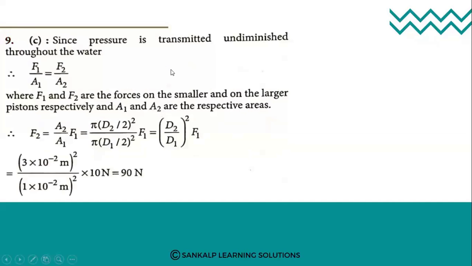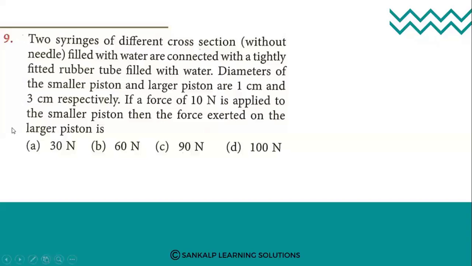The diameter of the smaller piston and the larger piston are 1 centimeter and 3 centimeter respectively. If a force of 10 Newton is applied to the smaller piston, then the force exerted on the larger piston is... So here understand the question, both are interconnected.